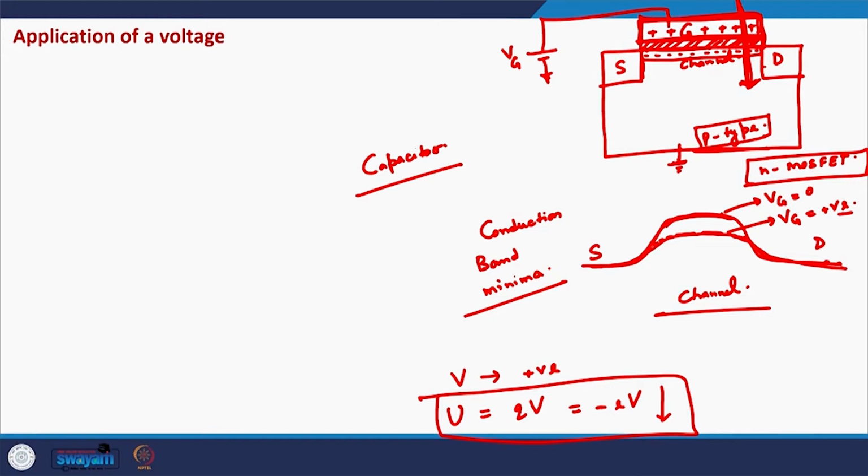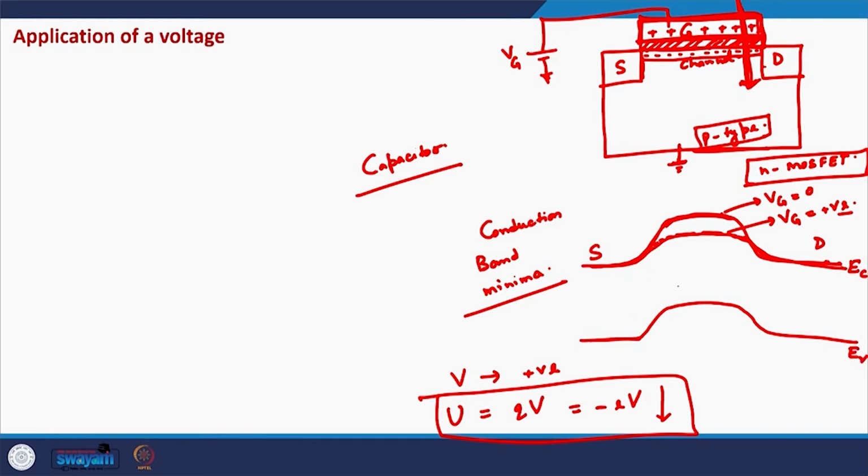Similarly, this barrier on the valence band side will also be reduced. So, if we draw this entire band diagram, this is the conduction band edge, this is the valence band edge.